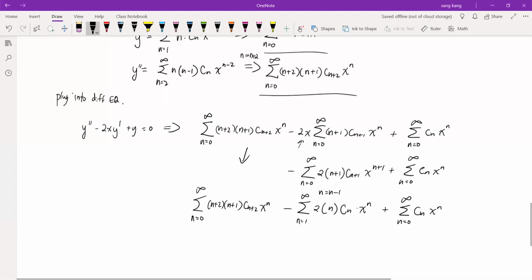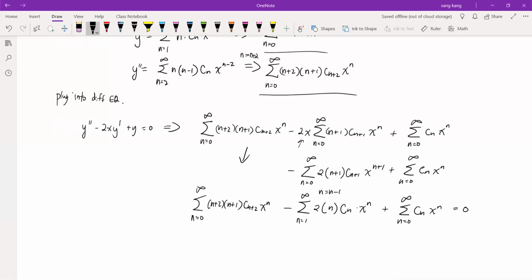Okay. So now we have everything in terms of x to the n, but because we changed this guy here, it changed the index here, so that doesn't match.